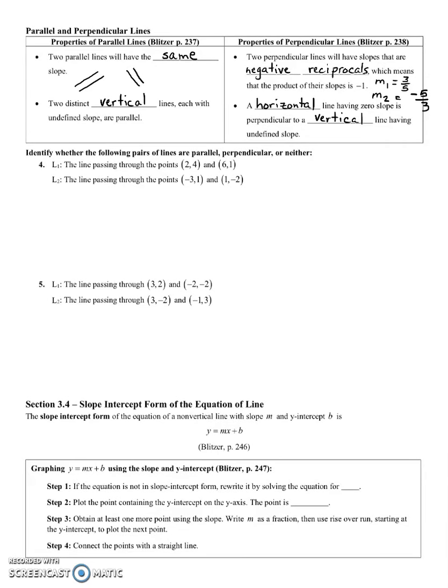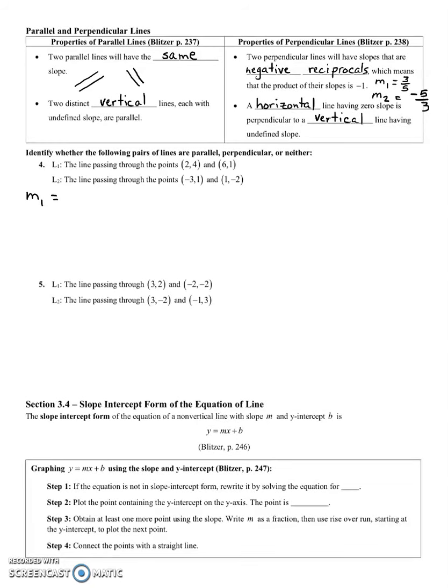So how does this work? Well, all we have to do is find the slopes of both lines, and then we can decide. So on number 4, it says, decide whether line 1 and line 2, which are defined by 2 points each, are parallel, perpendicular, or neither. So first, let's do line 1, and we'll call it M1, so that means the slope of L1.